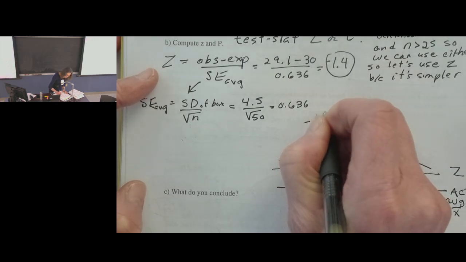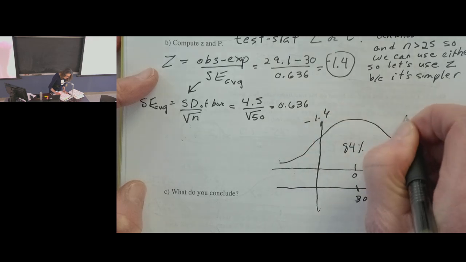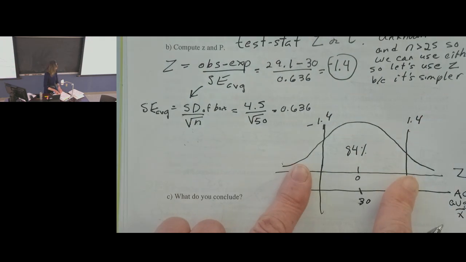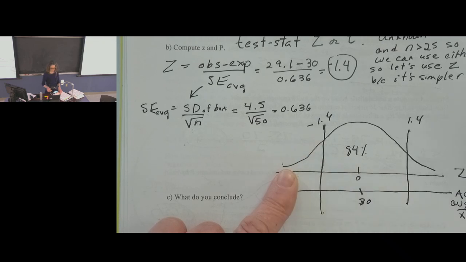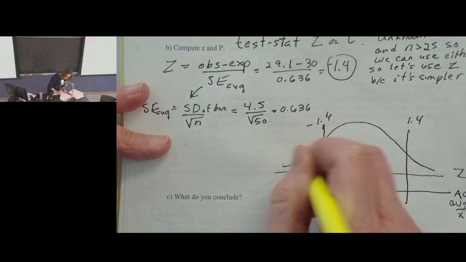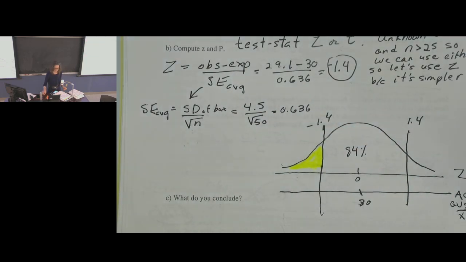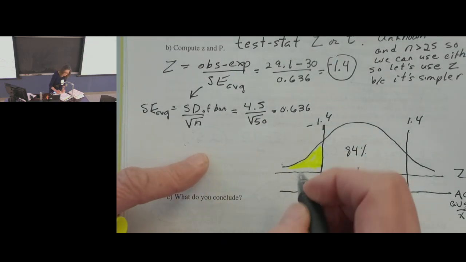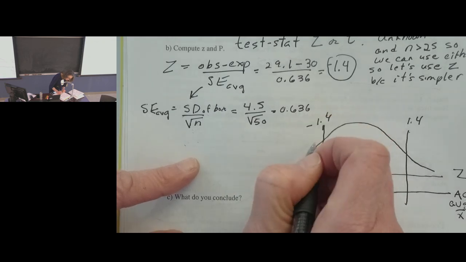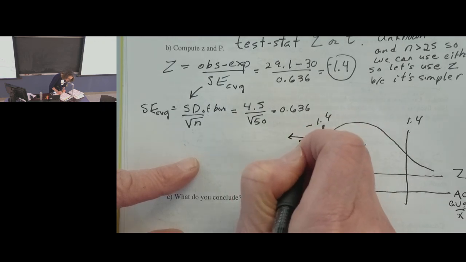So that's negative 1.4 and positive 1.4. It's probably further out. That made it too big. That's supposed to only be 8%. Sorry. This right here is 8%, and that's our p-value. I didn't really draw it too well to scale. But this from here out is 8%.